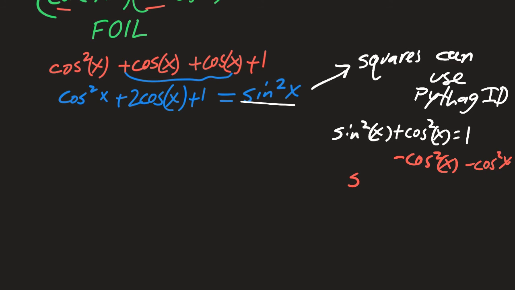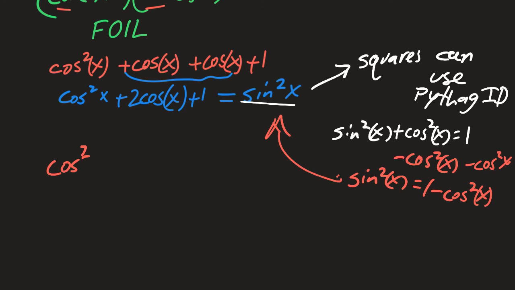And now I've got sine squared of x equals 1 minus cosine squared of x. And I'm just going to take that and plug it in for that sine squared. So we've got cosine squared of x plus 2 cosine x plus 1 equals 1 minus cosine squared of x.